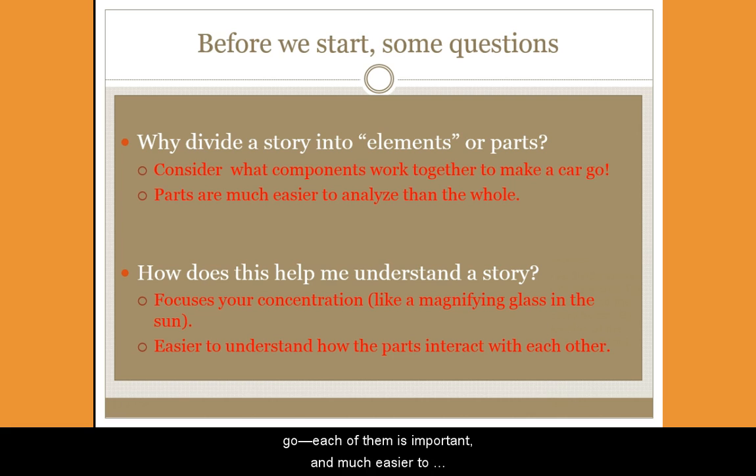Each of them is important and much easier to understand separately. Once you get a handle on one element, then you can consider how it interacts and affects the other elements, formal or otherwise. Consider the graphic of the gears on the title page of this presentation. Each component is important. Lose one gear, and the whole thing falls apart.